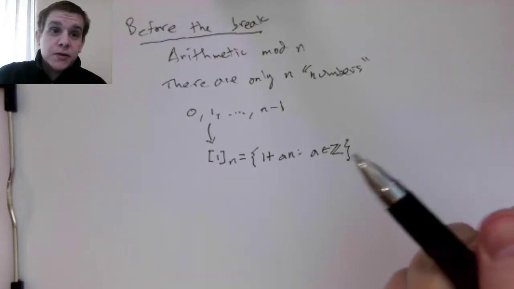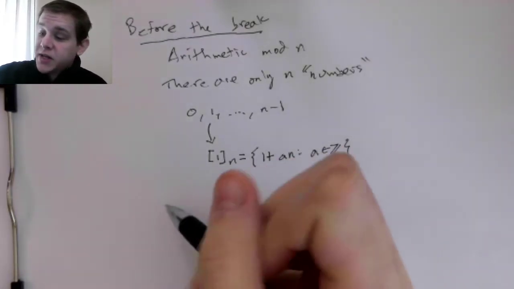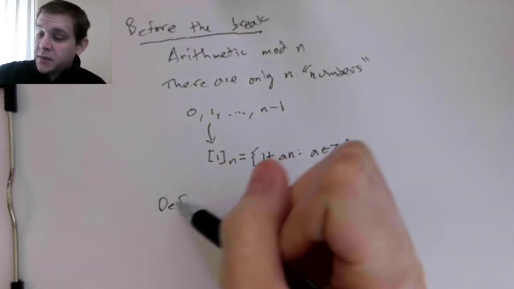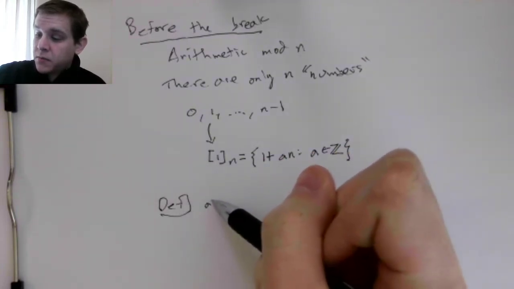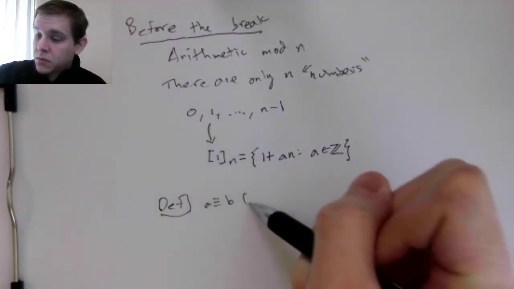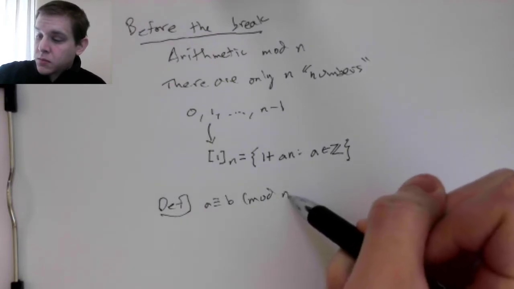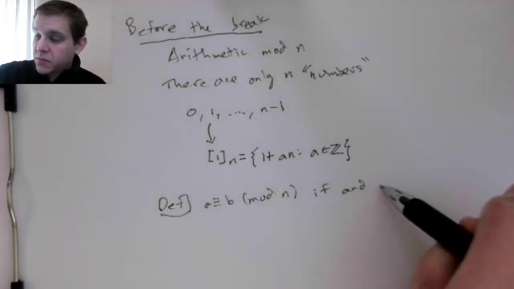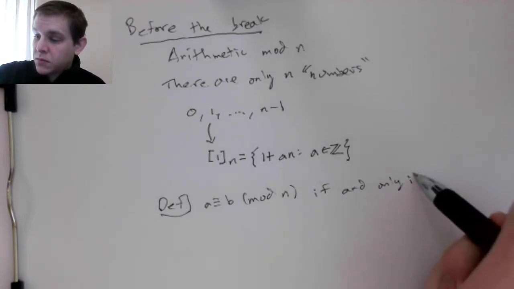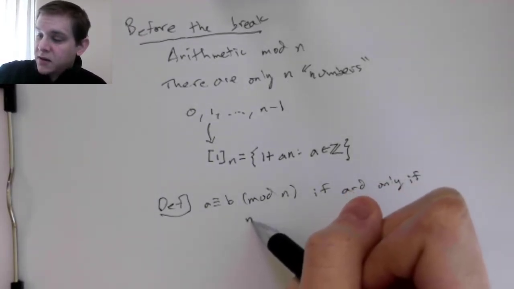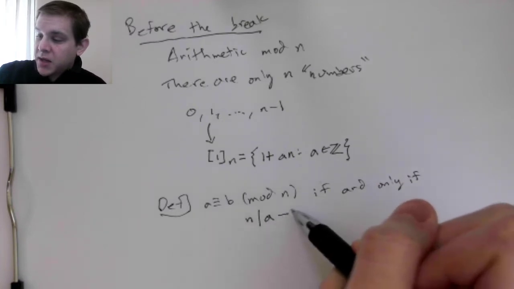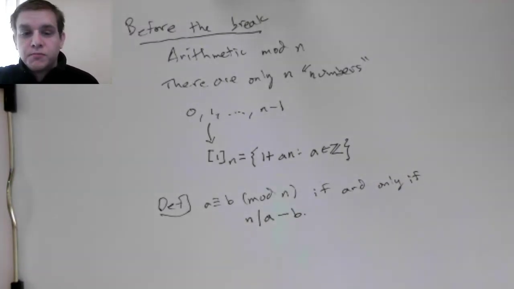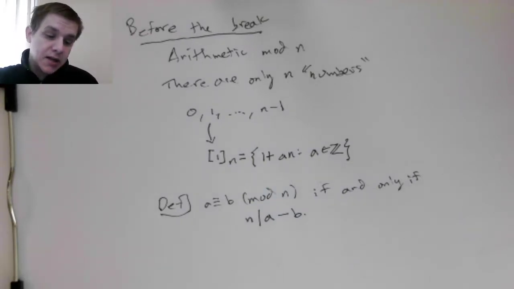Let me remind you of what the equivalence relation is. We say that a and b are equivalent mod n if and only if n divides a minus b. And we proved that this was an equivalence relation and that there were n equivalence classes and things like this.